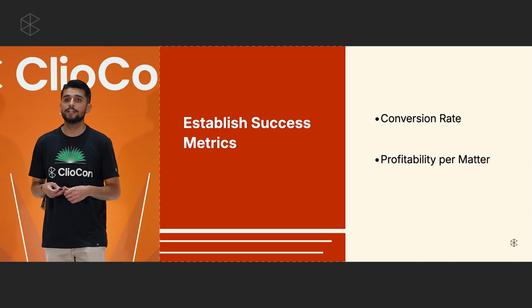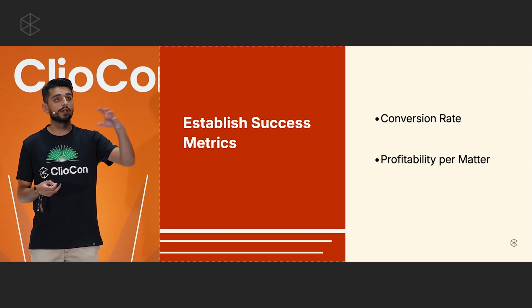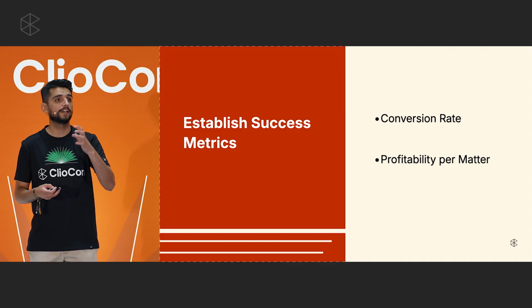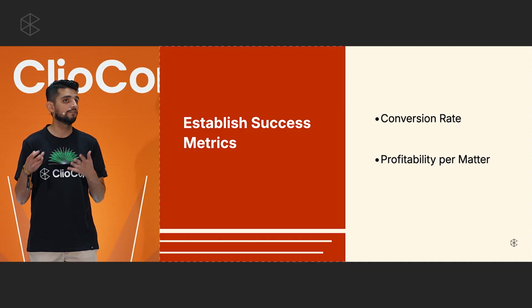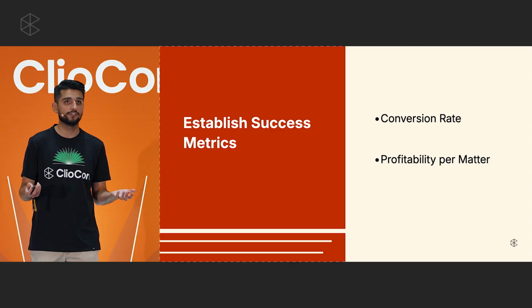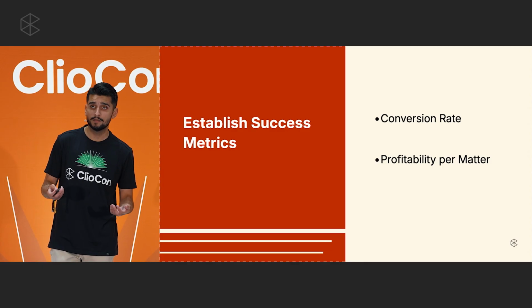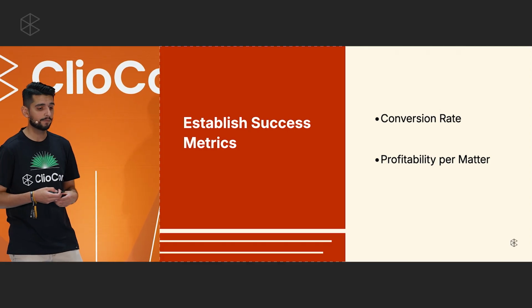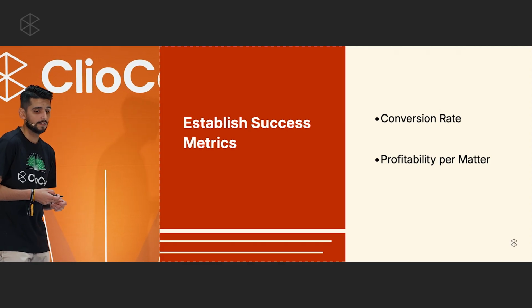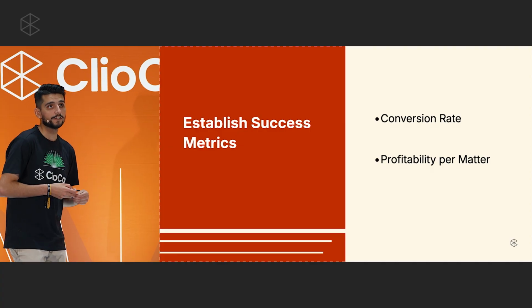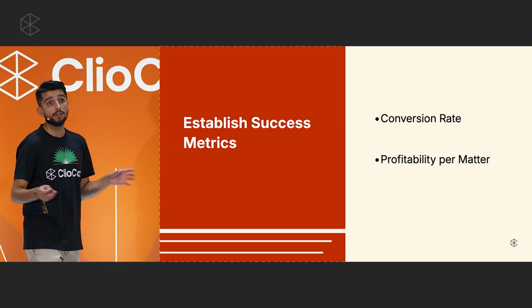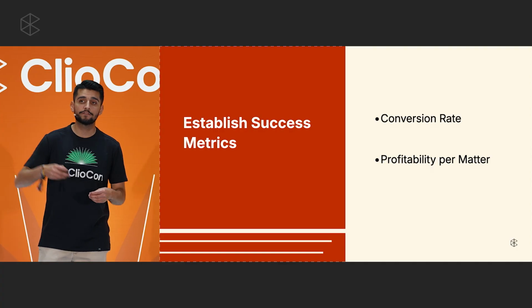What is the conversion rate from the traffic that you're bringing onto your website that's converting to qualified leads? What's the progress that you've made since implementing this strategy? Another success metric, and probably a better one, is profitability per matter. This is kind of like the gold standard when it comes to your success metrics, because it'll link all of your marketing efforts directly to your firm's revenue.